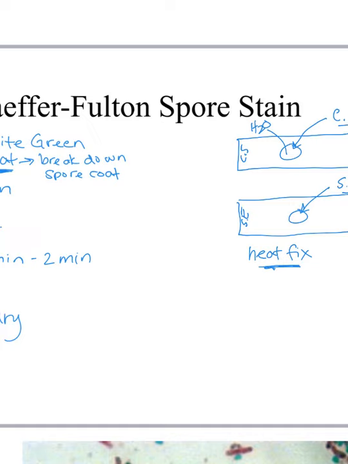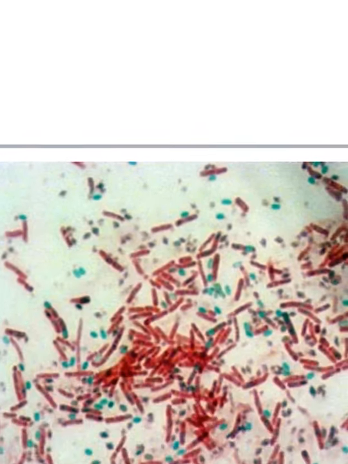Is that a spore former? No. So how do you expect those cells to look? We know that they're cocci, we know that they're round cells. Since they're not spore formers, they're all going to be red.